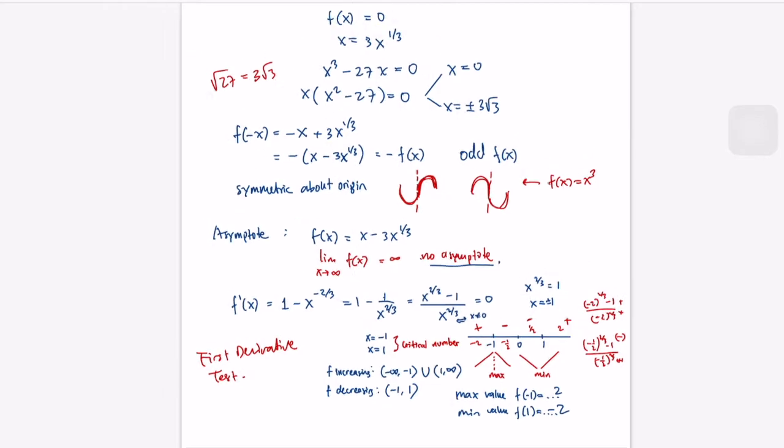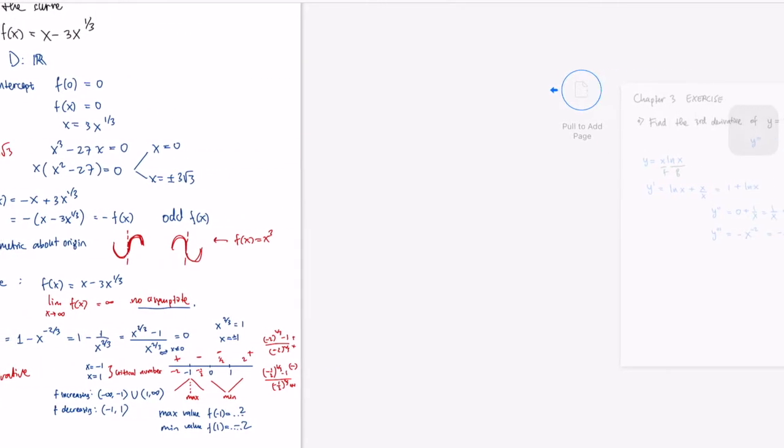Okay, next is the second derivative test. Let me write the f prime from the previous slides, so 1 minus x squared. And we can write the second derivative.